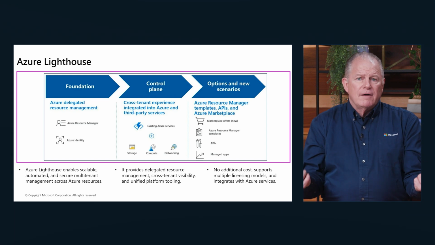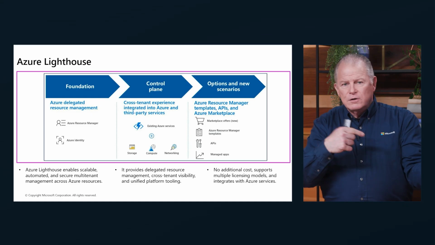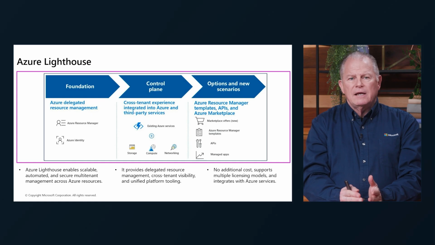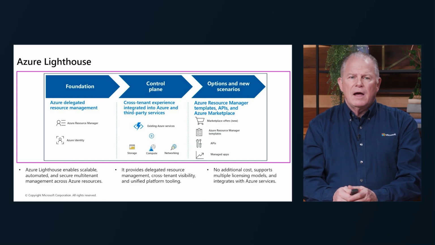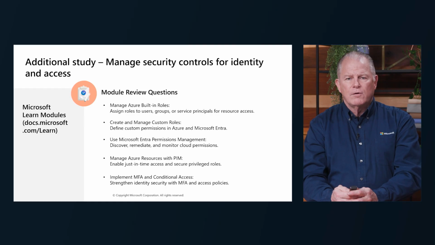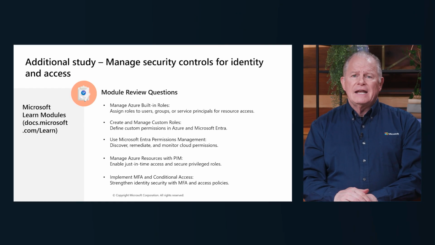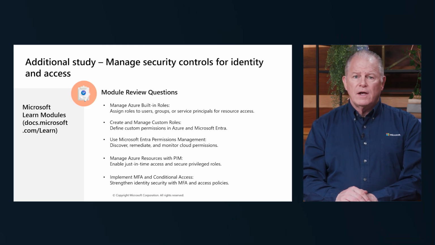So now if you do have two tenants, and we've shown you that you can use those accounts across the two tenants, but I want the same governance plane that's put across the two of them, Azure Lighthouse will do that capability for you.